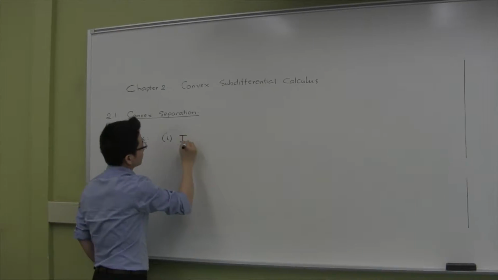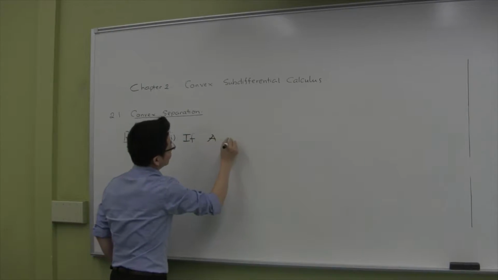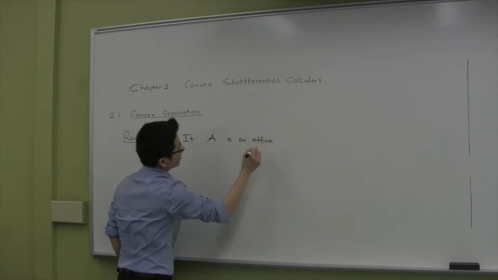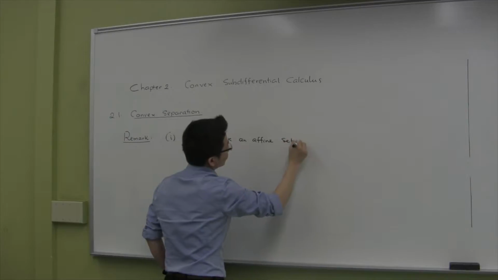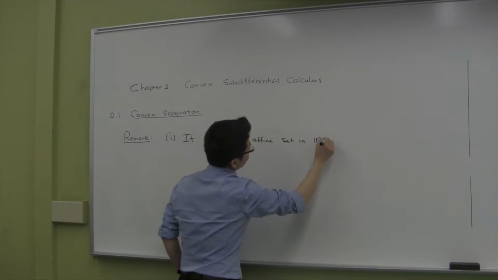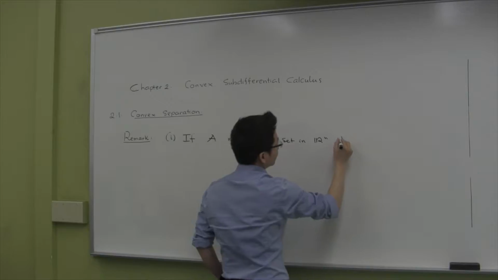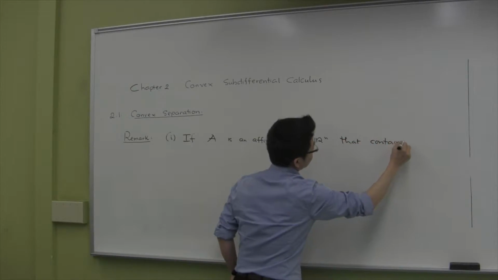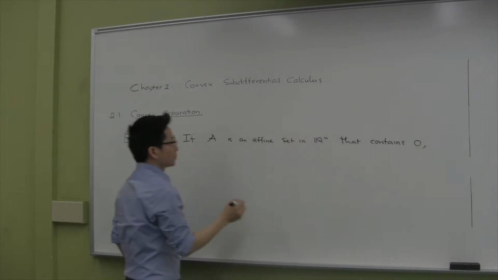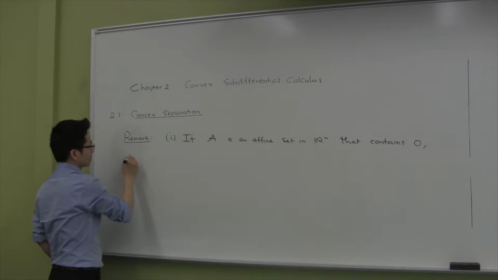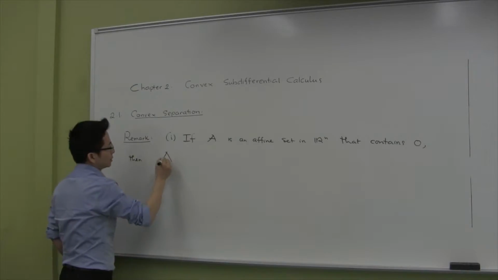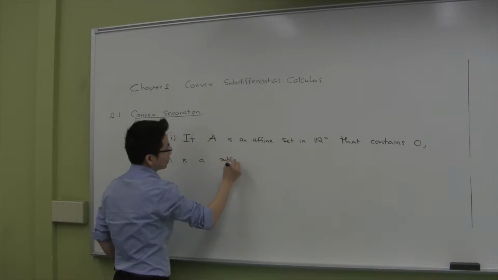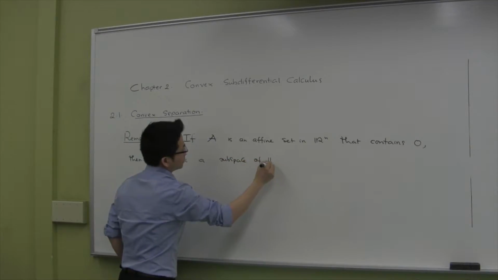If A is an affine set in Rn that contains the origin, then A is a subspace of Rn.